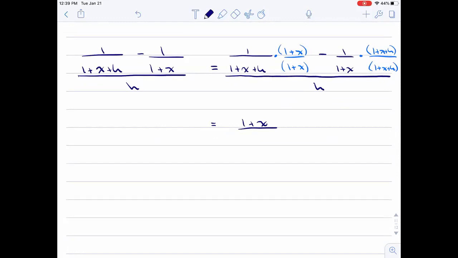And so I'm going to rewrite this as 1 plus x times 1 plus x plus h, minus 1 plus x plus h, over 1 plus x times 1 plus x plus h. That's all legal. All over h.